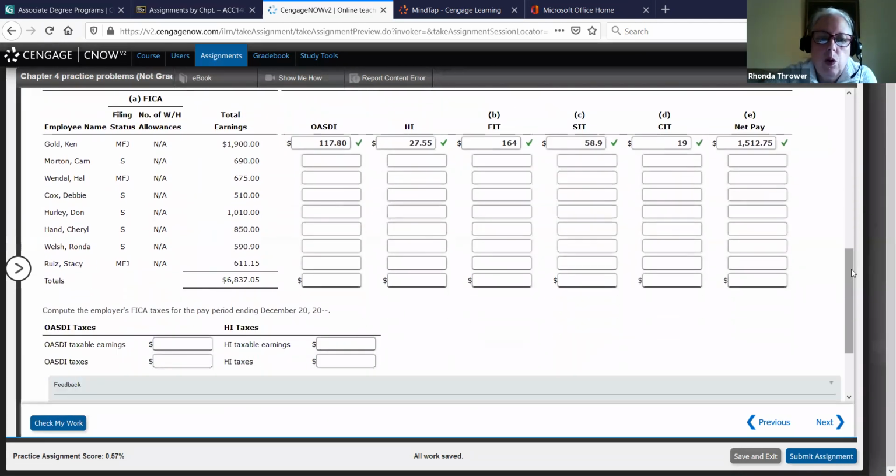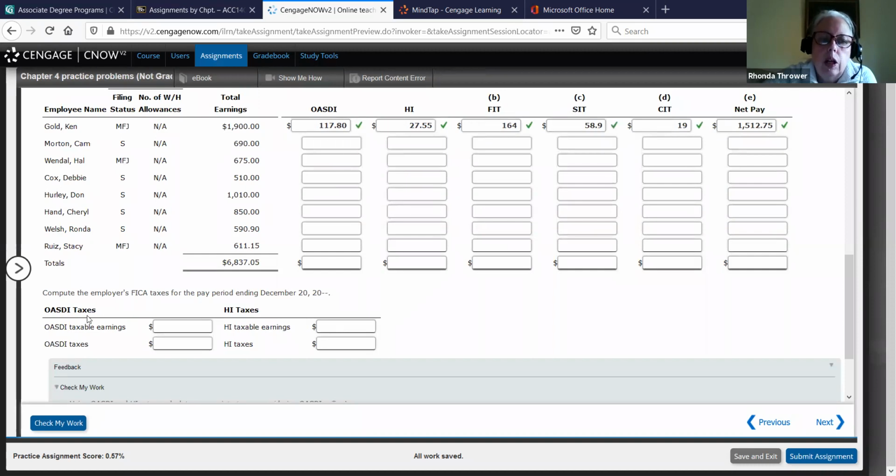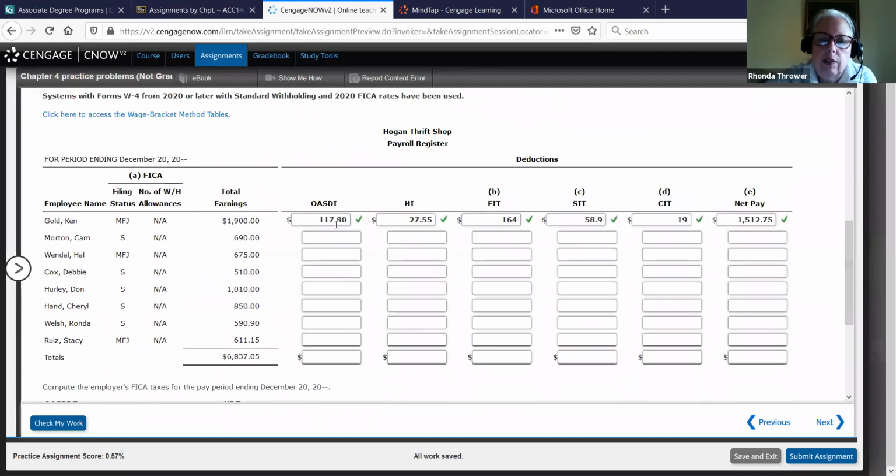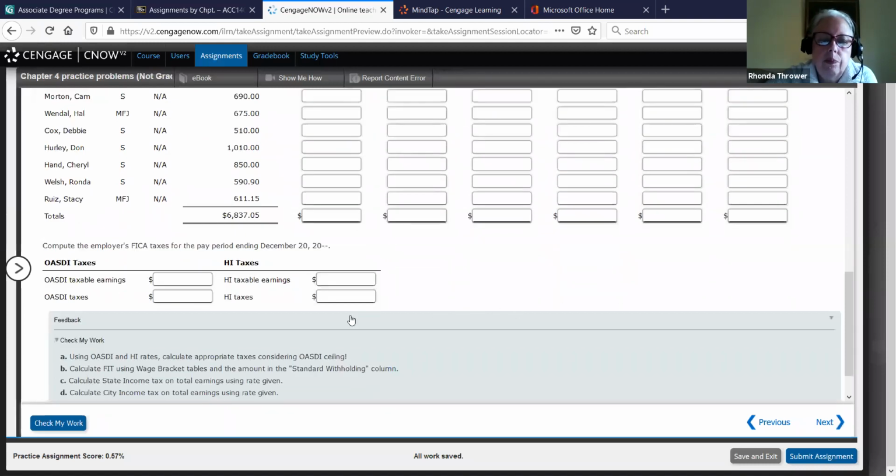There's a second part to this problem, which is calculating the employer's tax. As a review, you know that we have to take out taxes on our employees, and then we have to pay Social Security taxes and Medicare taxes. The employer has to pay those, or those are the FICA taxes that the employer has to match.